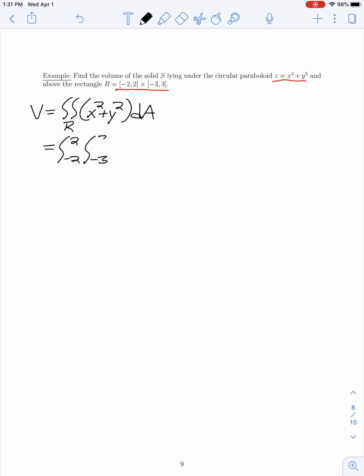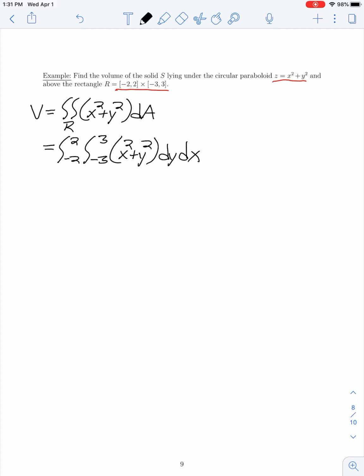And to evaluate this double integral, we can make use of iterated integrals. So we could first integrate here, let's say going from -2 to 2, and then -3 to 3, the function x squared plus y squared.